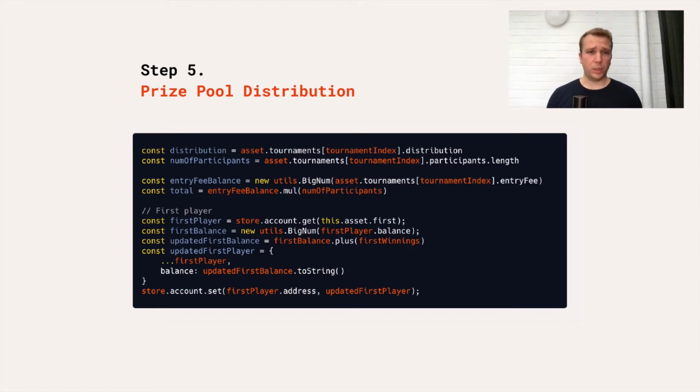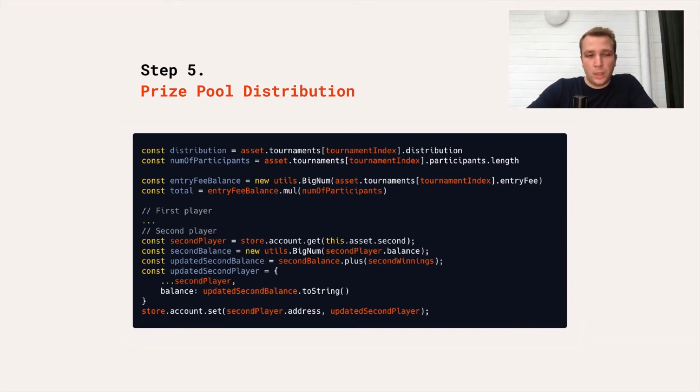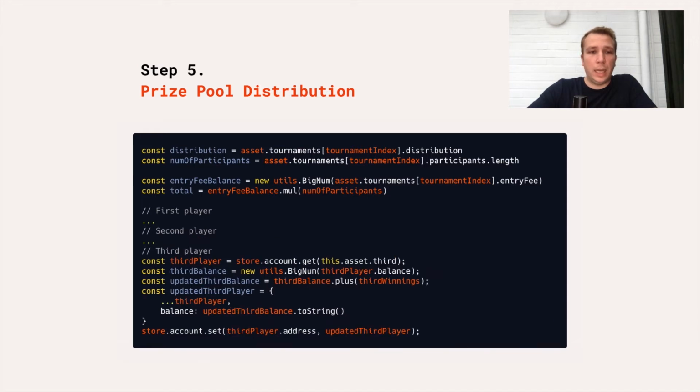And step 5 was the prize pool distribution. This one was a tricky part, where we have all entries, the total sum of all entry fees, distributed according to the distribution given by the tournament creator. So the first player receives funds, the second player also receives, and the third player also gets his share of the pie.